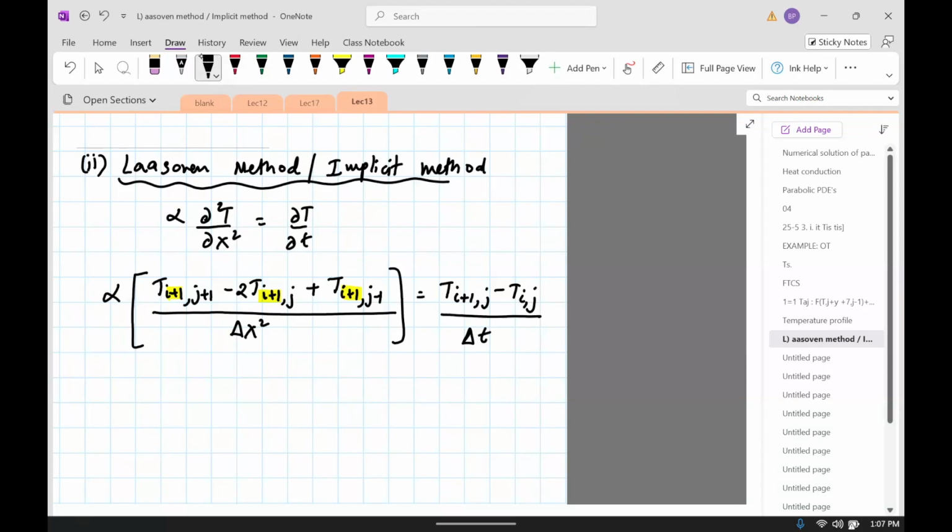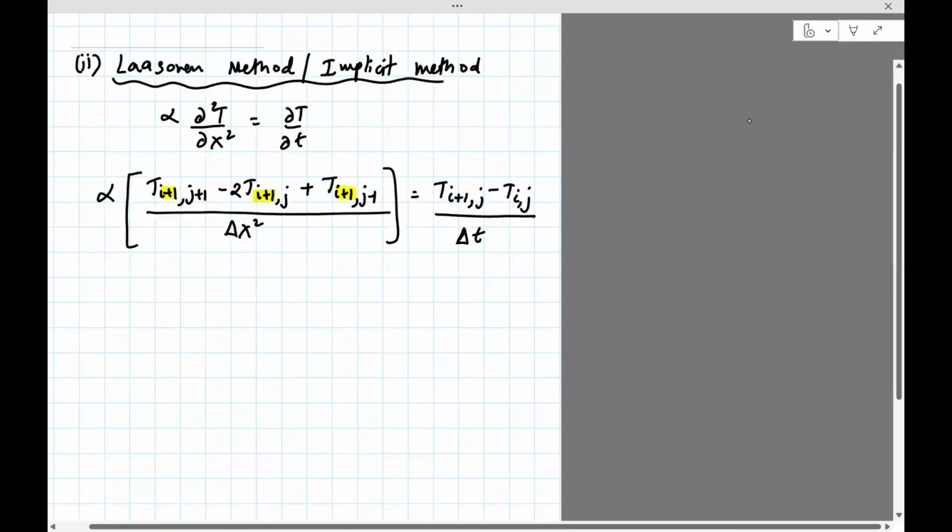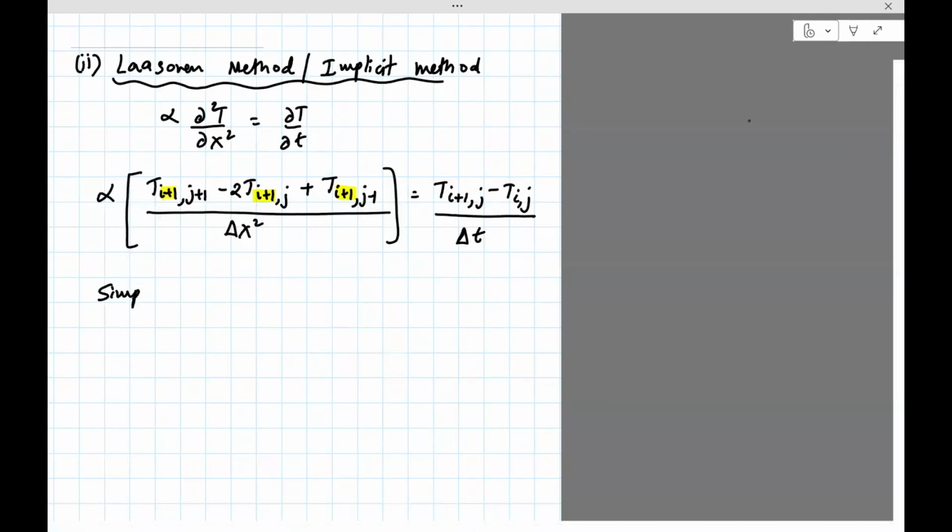So let's try to simplify this. Okay, now remember, you typically know things at timestamp i, but you don't know anything about timestamp i plus 1. So what I need to do here is collect all the terms involving i plus 1 on one side and i on the other side. Those will be known.